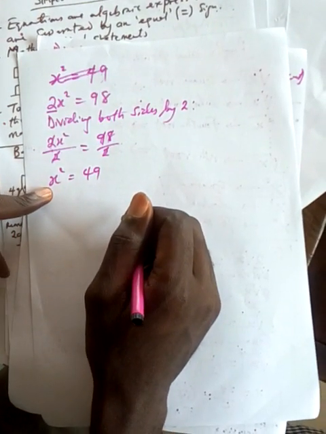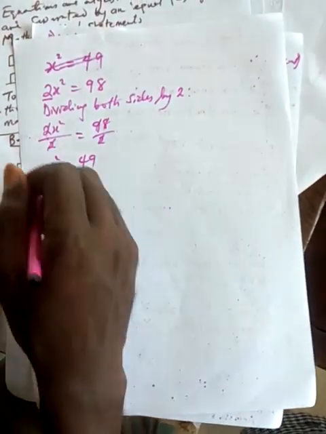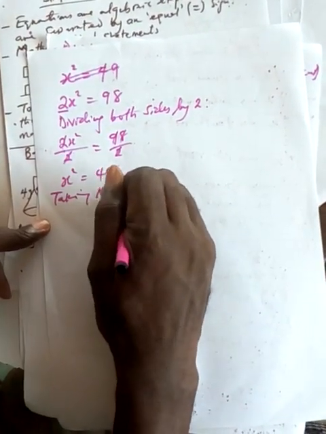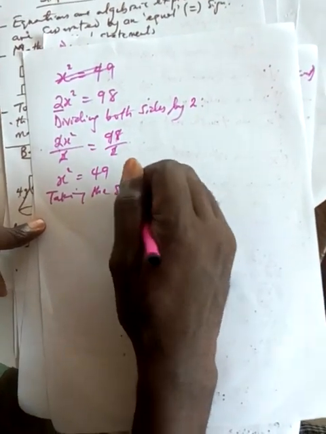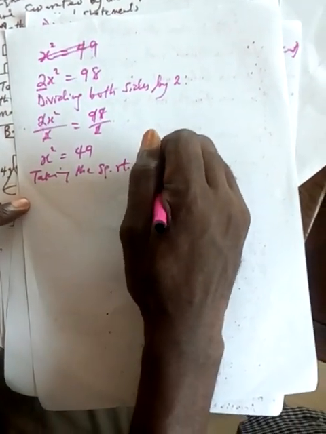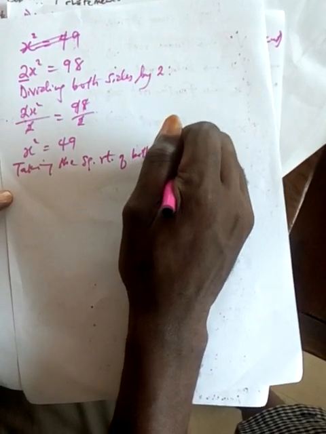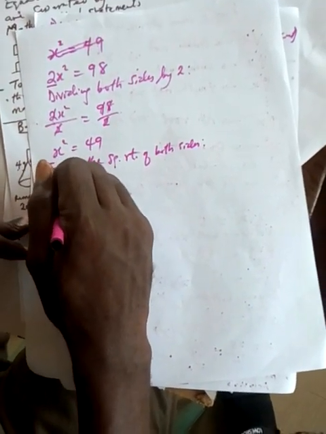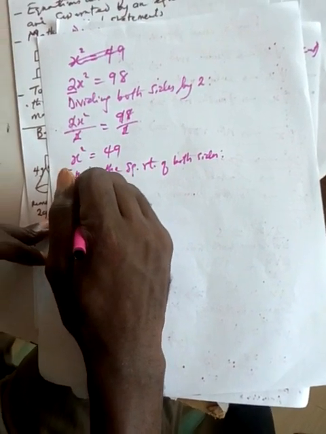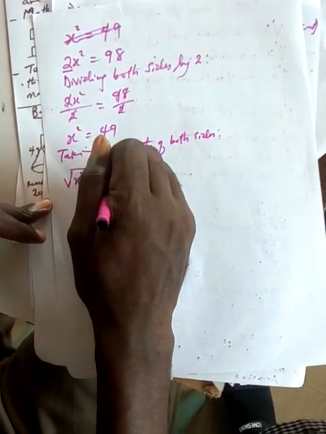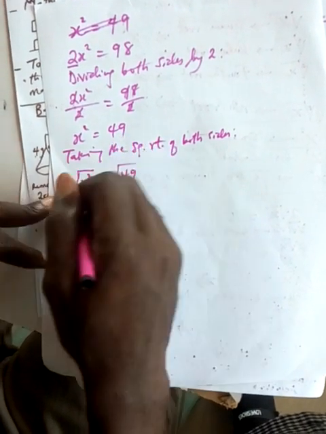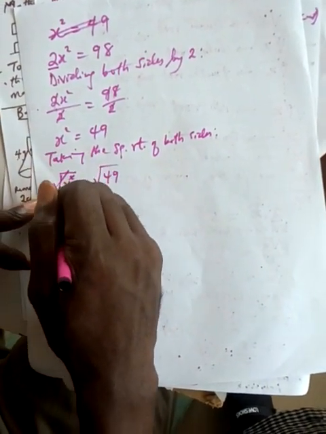When we take the square root of both sides, x, this will cancel off.